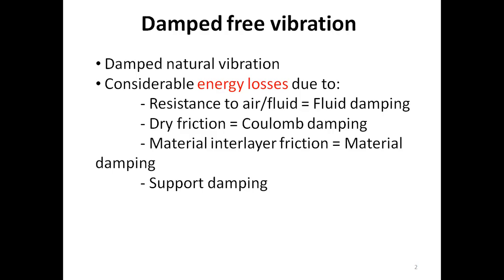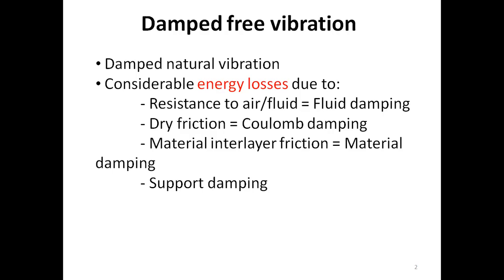If there are no mating parts in the vibratory system, then there would be no Coulomb damping. In that case, only two dampings would be dominant: the material damping and support damping. The material damping also depends upon the nature of the material. In some materials, the material damping is very large.